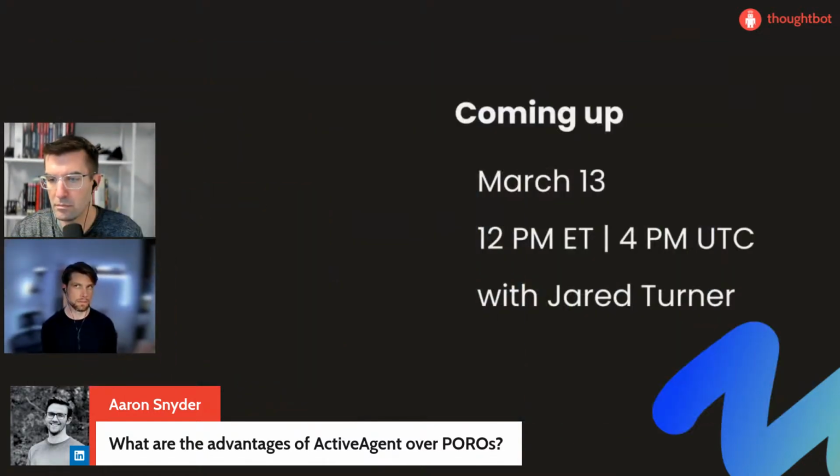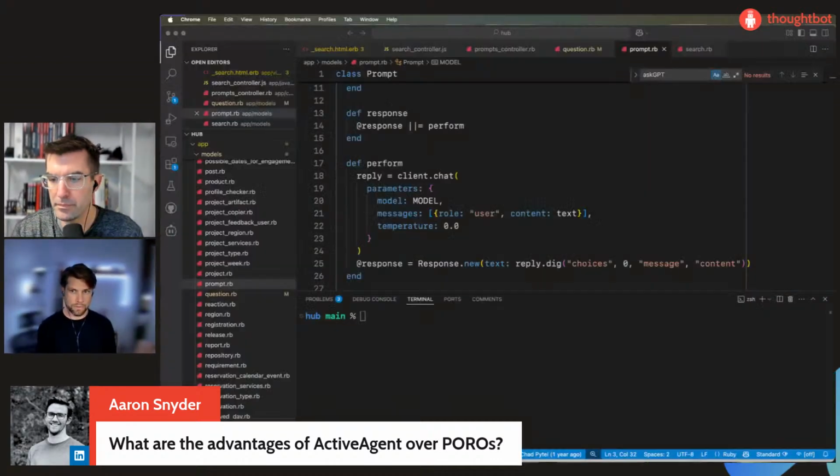And the idea is to help you encapsulate that code, as well as encapsulate the whole prompt and response cycle and things like handling tool calls or prompt template rendering, like you have that content block there. All of that can be handled with action prompt and the generation provider module within Active Agent. So it helps to compress all of that complexity so that you can focus on your business logic and not all of this, how do I interface with ChatGPT and the OpenAI gem or the Anthropic gem or whatever your generation provider is.